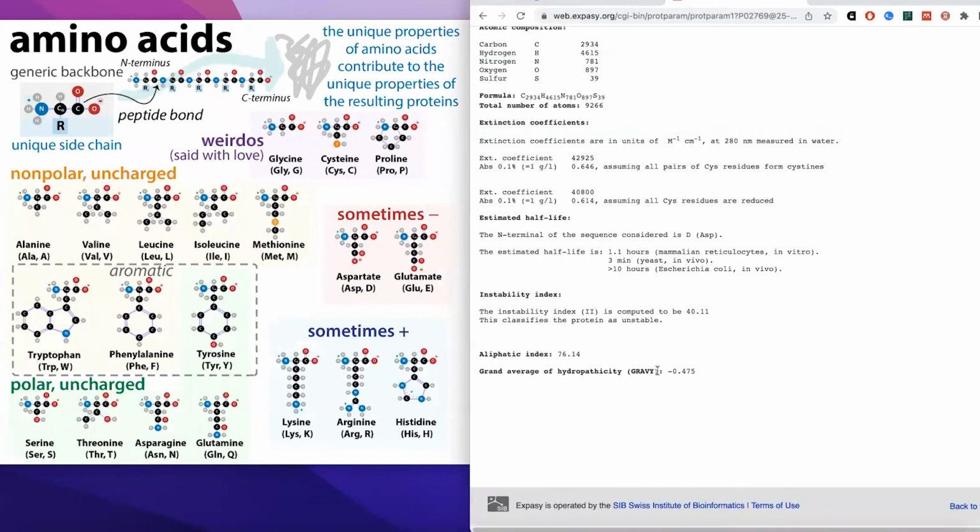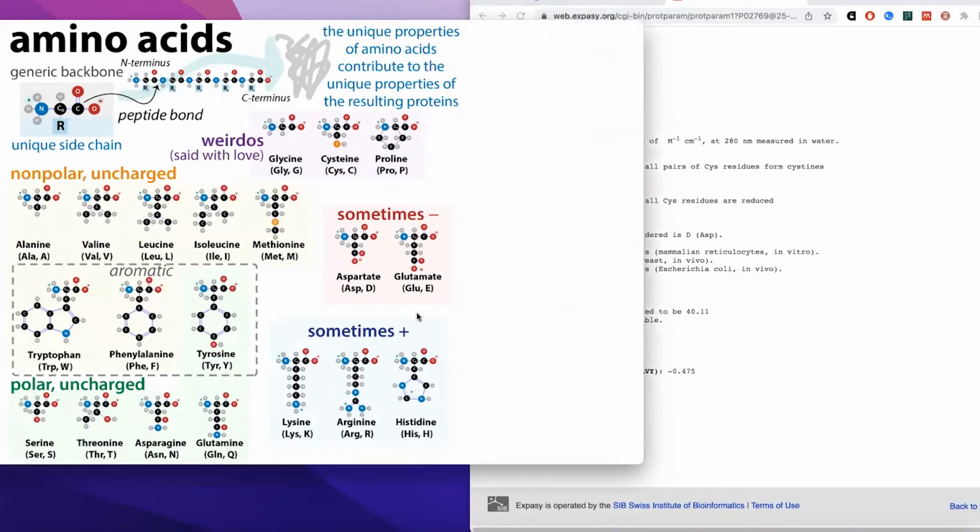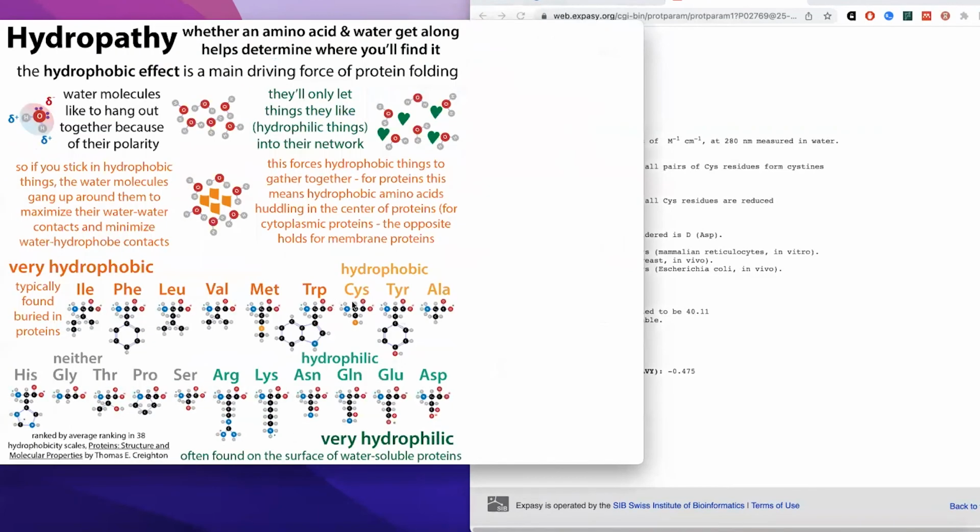Grand average of hydrophobicity, or GRAVY. Amino acids that are hydrophobic will be excluded by water. This will make those amino acids clump up inside of the protein, and it'll influence how the protein folds. If those are on the surface, it can maybe make a membrane bound protein, things like that.